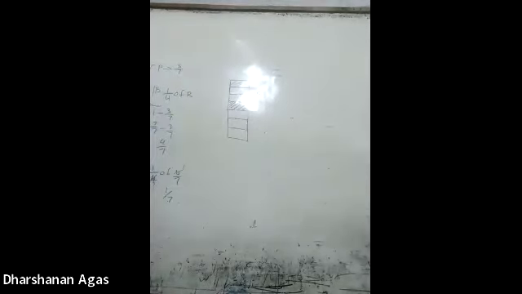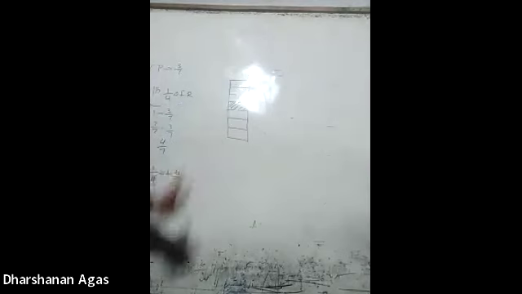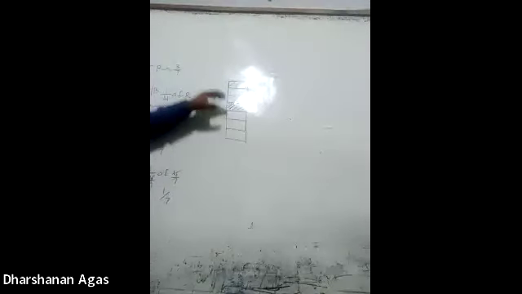Now, the second question they are asking is to show that Pradeep owns more than half of the land. From this total land, you have to show Pradeep owns more than half. Total how many portions, students? 1, 2, 3, 4, 5, 6, 7. 7 portions here.